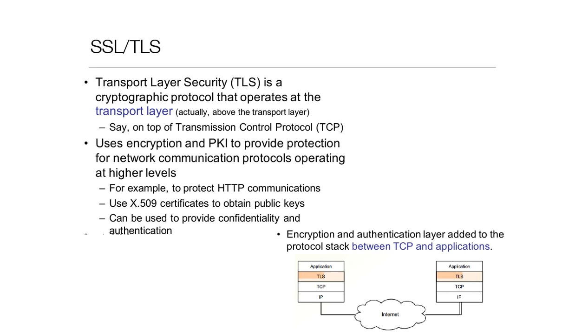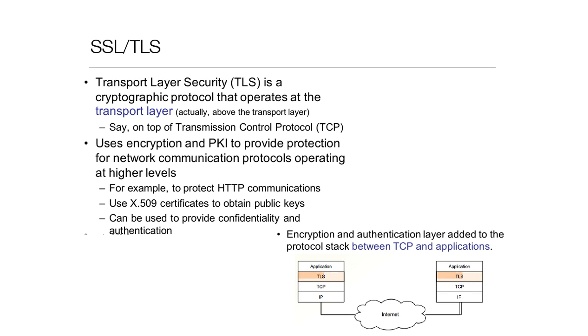We have discussed public key infrastructure mildly in our public key cryptography lectures. Today I'm going to talk a little further about it as well. It uses encryption and public key infrastructure to provide protection for network communication protocols operating at higher levels.